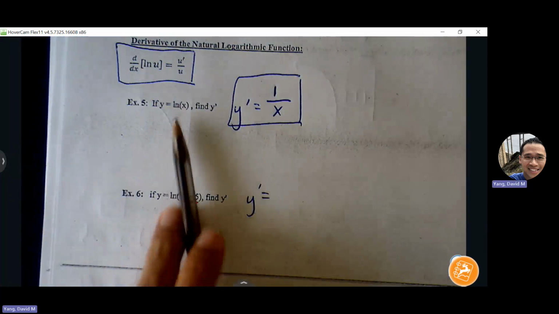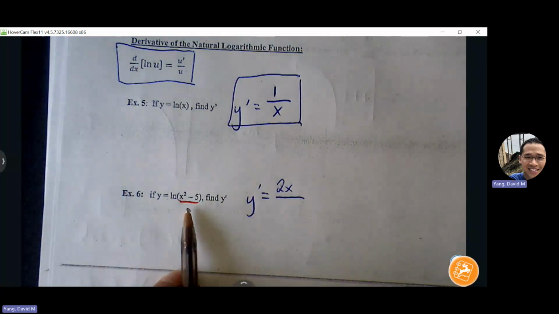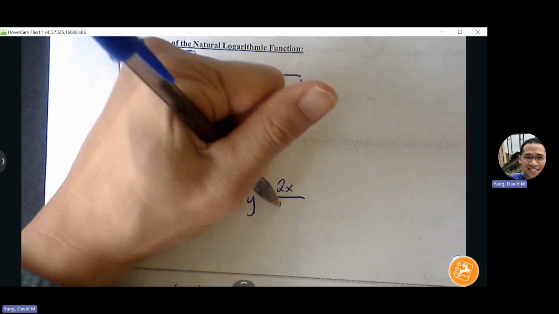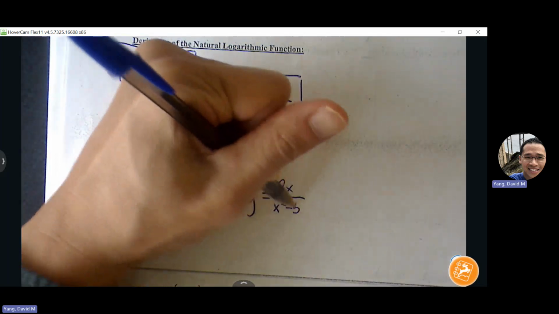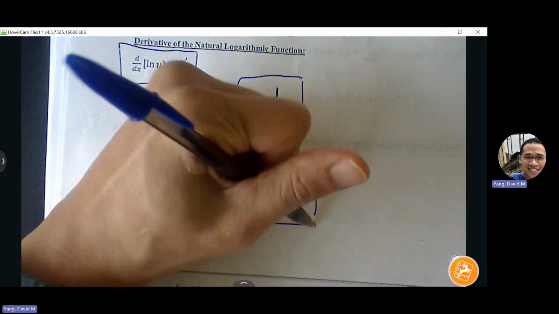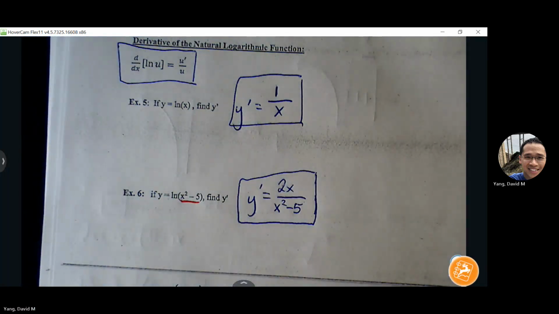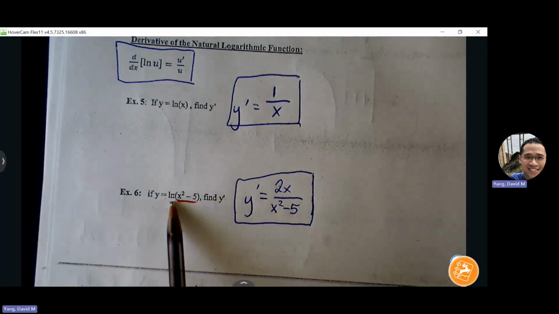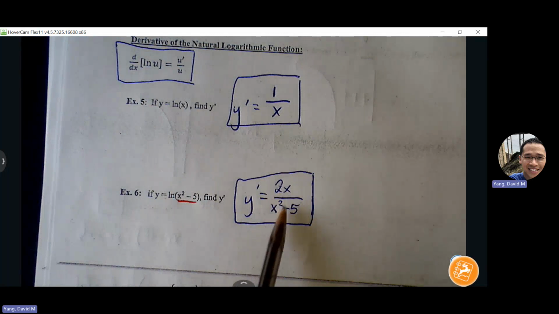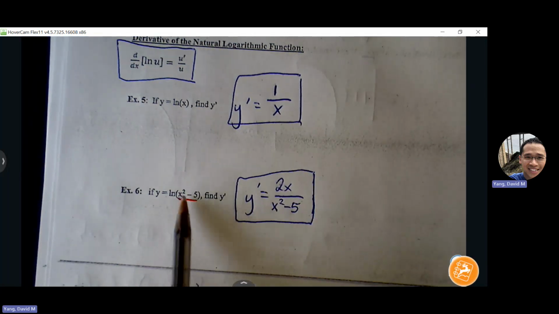What's u prime? 2x divided by my original u value. That's it. That's my slope formula. That's my derivative. If I want to find the slope of this graph at any point, I just plug in the x value, and whatever number I get, that is how steep this curve is at that point.